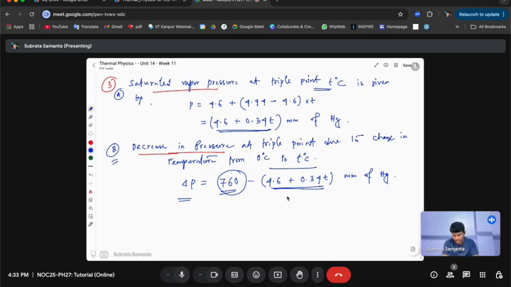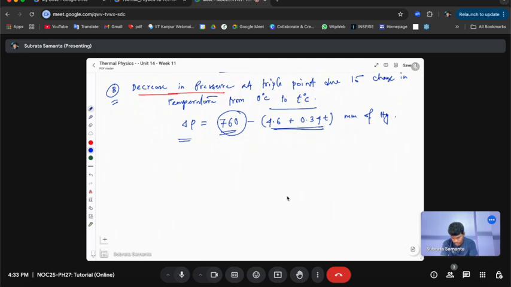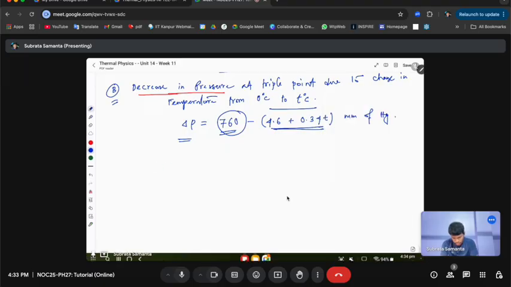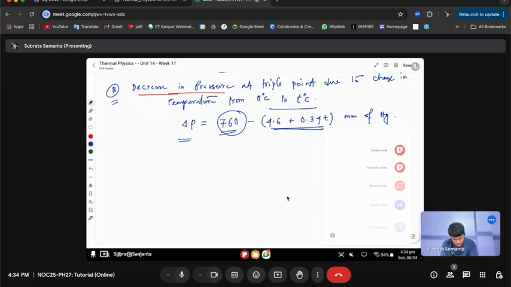So hence the melting point change, delta T, equals 0.072.